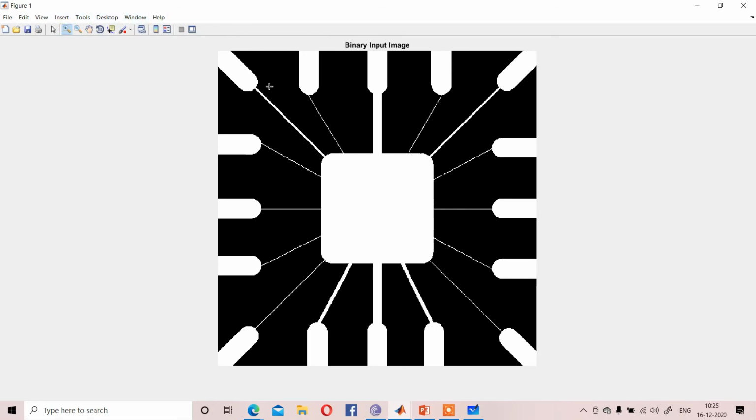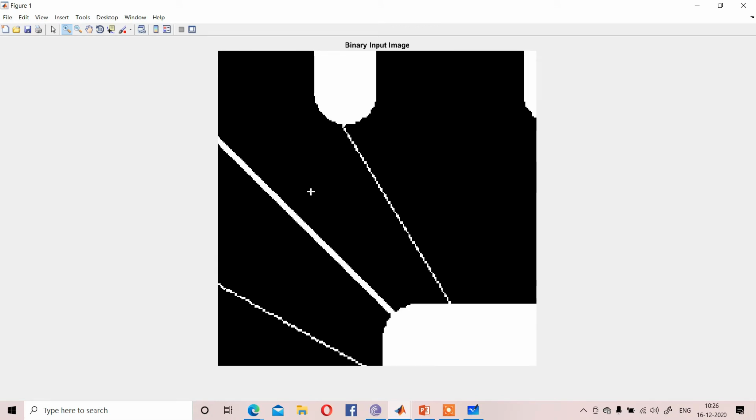Over that binary image you have to use the erosion. Now you can check this portion and this portion. For this line you can check that the number of pixels, if we consider the width, is less compared to this line.